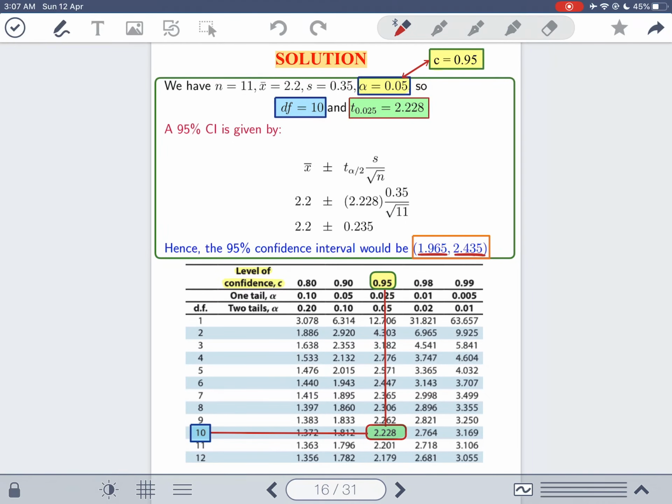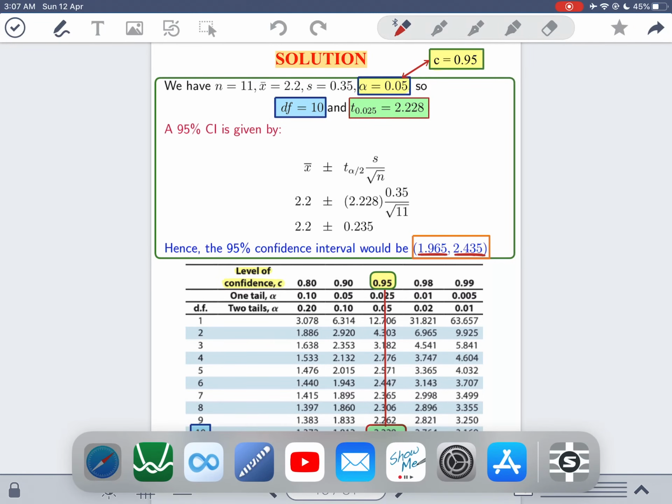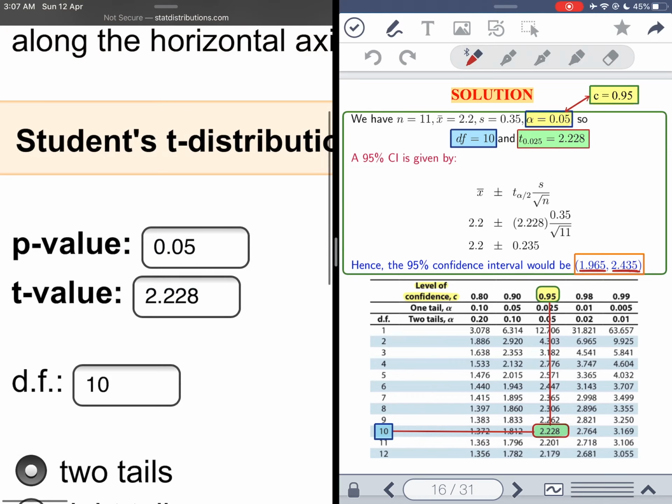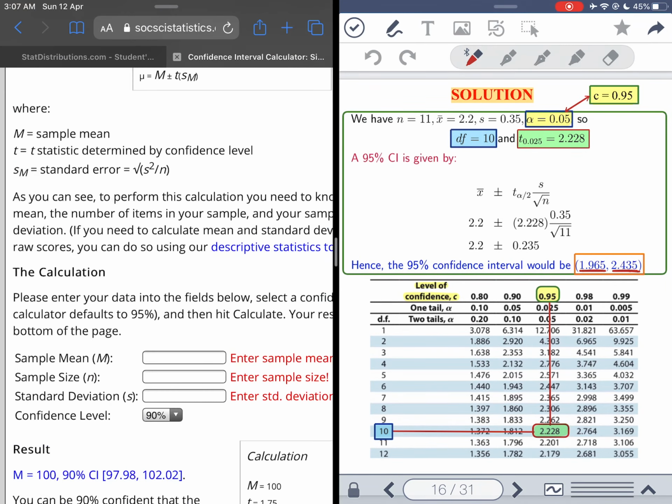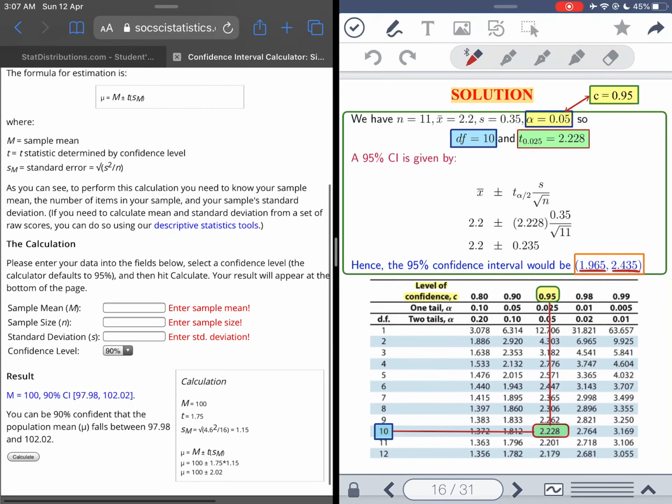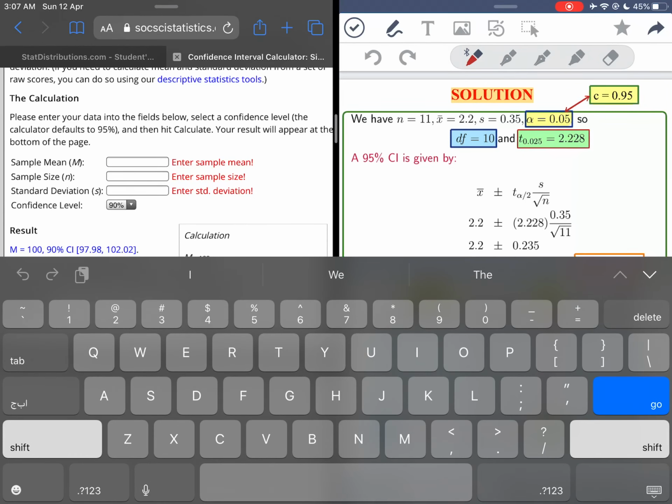Now, I'm going to show you a surprise. This surprise will probably be a pleasant surprise for you. There is actually a website that I'm going to show you right now, which computes for you the confidence interval for the mean when sigma is unknown, and it gives you t also. So let's put here, what's our sample mean? It's 2.2, remember?